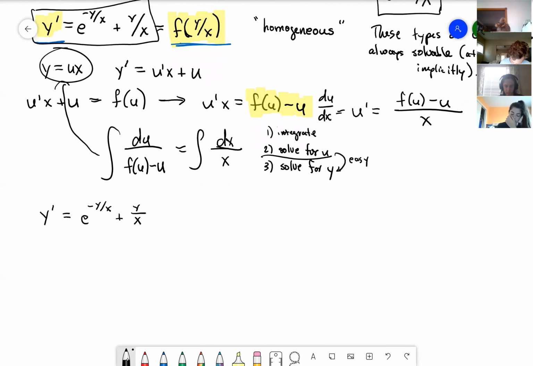So rewriting this in terms of u, we get on the left-hand side u prime x plus u, and on the right-hand side e to the minus u plus y over x, which is just u.